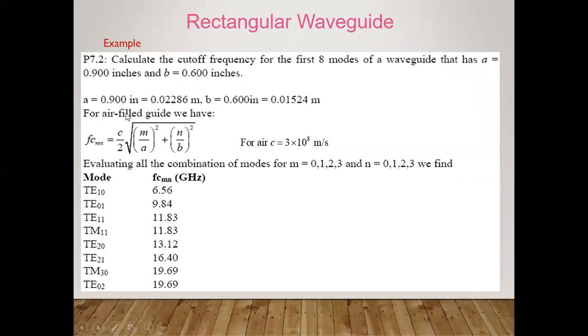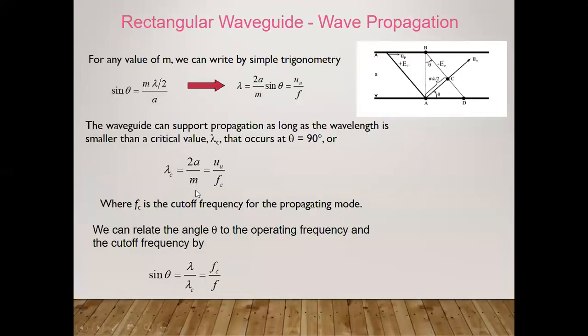A is 0.9 inch, converted into meters, 0.02286 meters, and 0.600 inch is 0.0152 meters. In this way, you can easily find the cutoff frequency of MN by looking at these modes, and you can measure it in gigahertz.